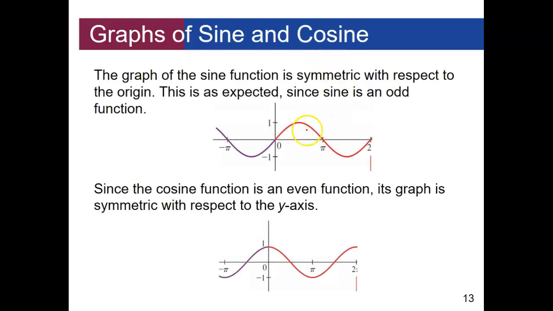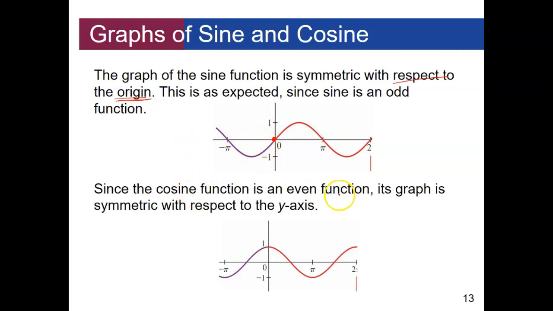Okay, the sine graph, if you notice here, we've talked in the last section about the fact that sine is an odd function. And in relation to how odd functions are graphed, odd functions are symmetric with respect to the origin. So when something's symmetric with respect to the origin, it's basically like a pinwheel. If I pinned this here and I spun it 180 degrees or halfway around, it would end up back on top of itself if it has symmetry about the origin.